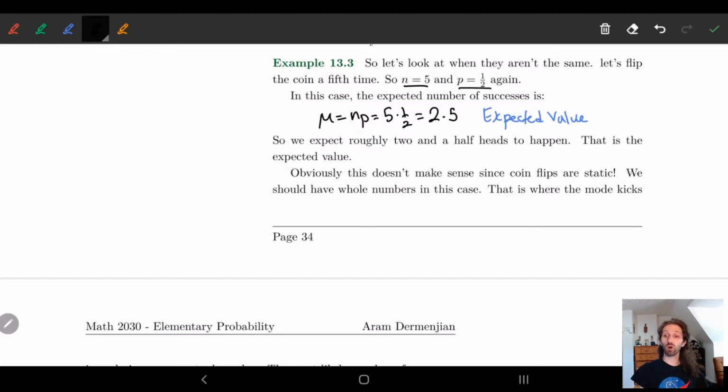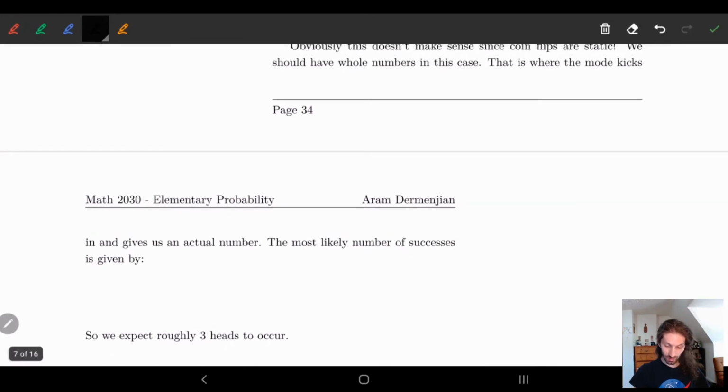And then that's where the mode kicks in. The mode basically says, this ain't happening. So the mode kicks in and gives us an actual number. Let's try this out. We get m is equal to the floor of np plus p.